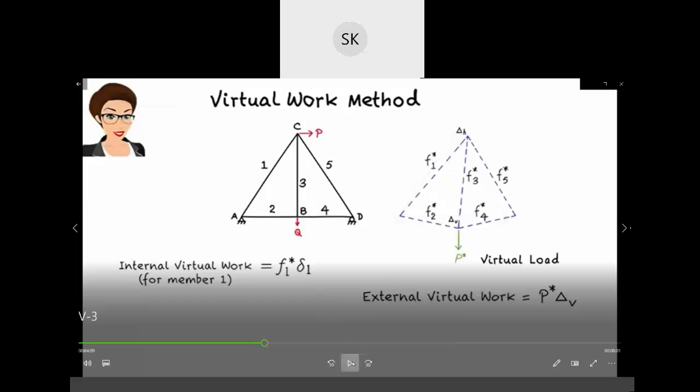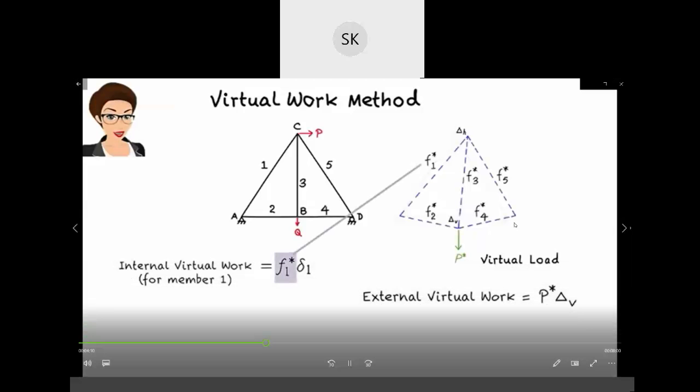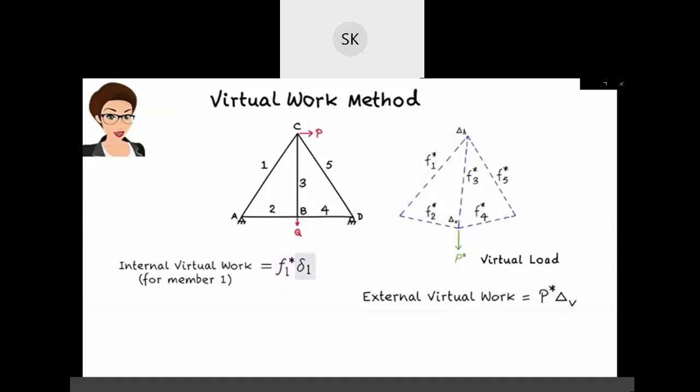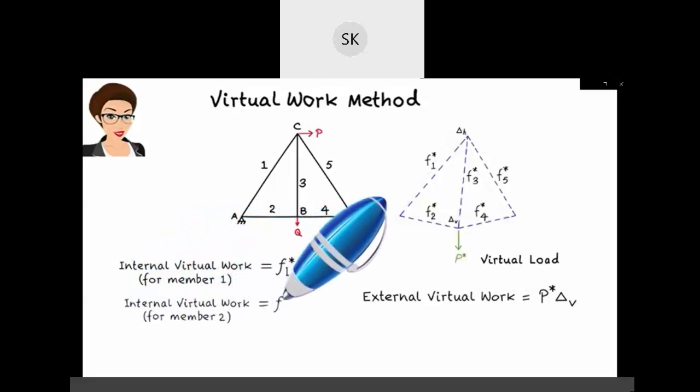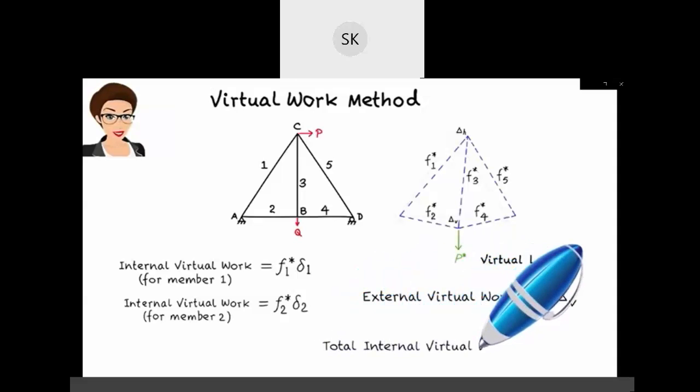Here F star 1 is the virtual member force due to P star, and delta 1 is the real elongation of the member due to P and Q. Similarly, for member 2, internal virtual work can be written as F star 2 times delta 2. So in this case, the total internal virtual work equals the sum of F star i times delta i.